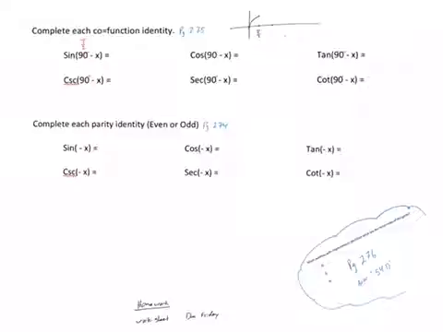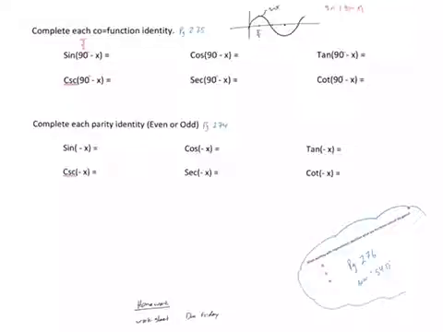So this is what the sine curve looks like. This one is sine of x. Now, think about what if I said sine of 90 minus x.